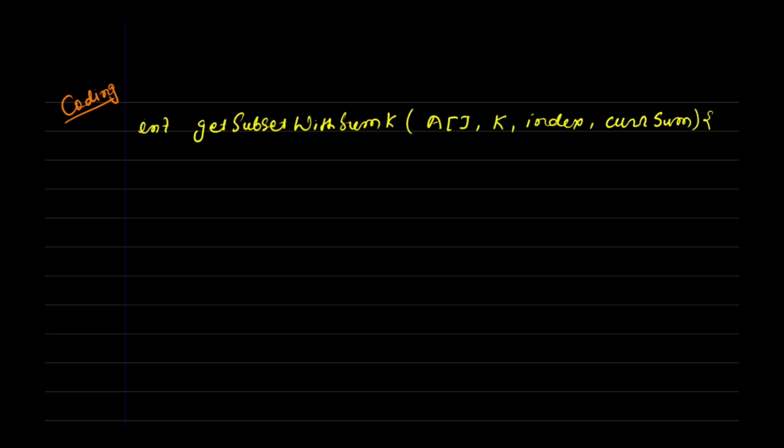In the recursion, first we will take care of the base condition. So my base condition is if index is equal to a.size, a.length, then we will check if current sum is equal to the sum that we want.